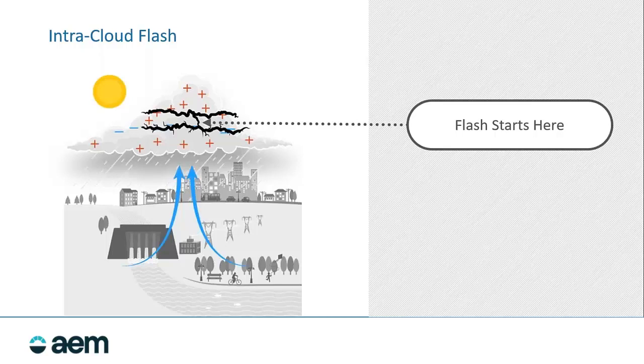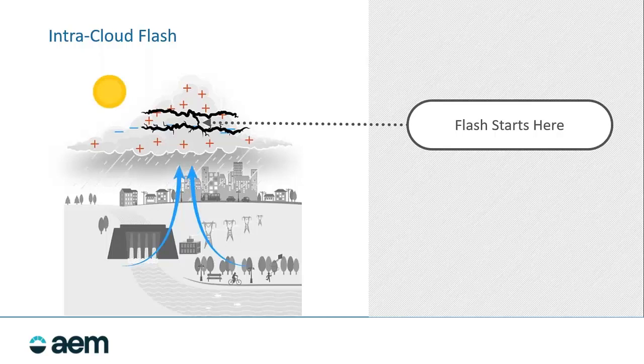But it is so important to realize intra-cloud lightning can be a precursor for severe weather, including flash flooding, large hail, damaging winds, and even tornadoes. That's why we recommend using the Contrail software package and visualizing total lightning that includes both cloud to ground and in-cloud lightning.